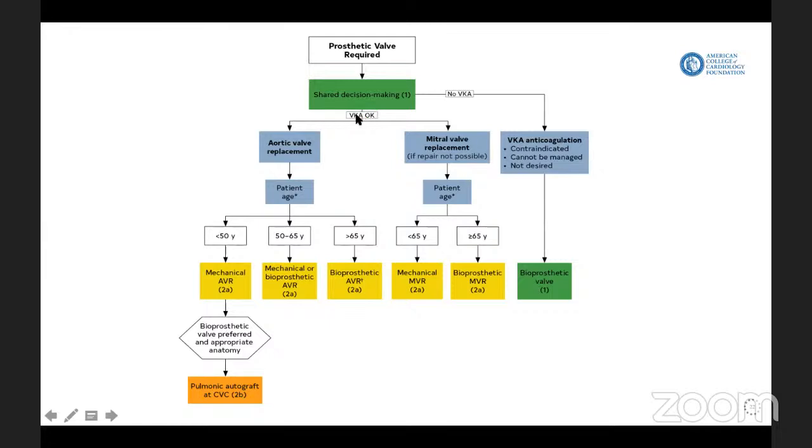If vitamin K antagonist is okay, then we'll subclassify patients by age group, and of course will account for other variables. If the age is less than 50 years, then mechanical AVR is a class 2A. Between 50 to 65, mechanical or bioprosthesis, both are class 2A. More than 65 years of age, then bioprosthesis is a class 2A.